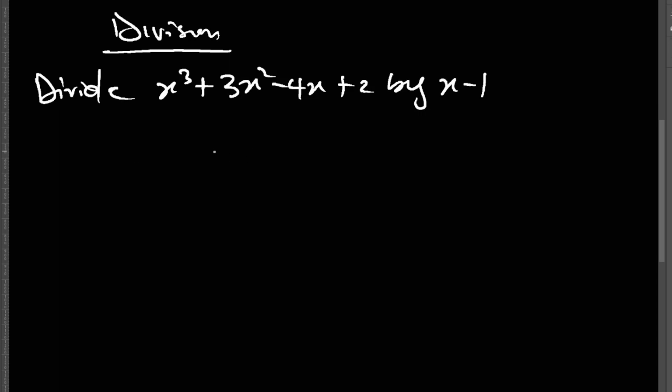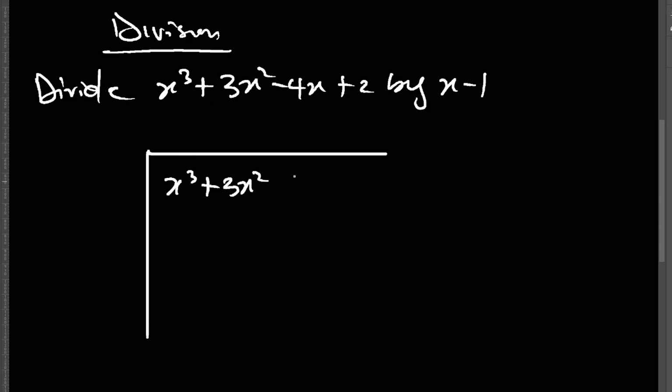So this is what it asks us to look into. How do we go about this? So simple. You just start by drawing a long division line. So we have x cubed plus 3x squared minus 4x plus 2, then we have x minus 1 here.